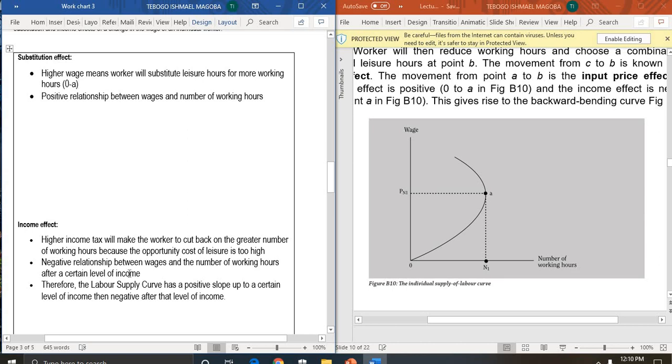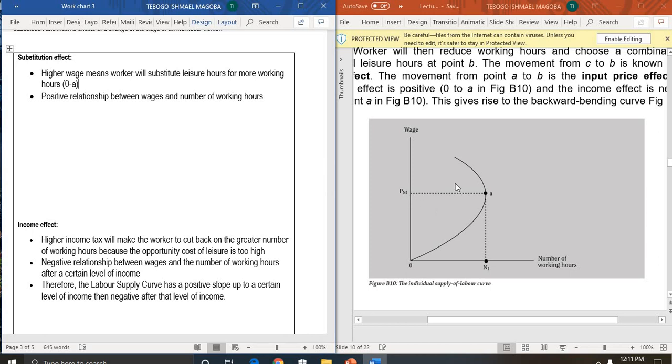Alright, that is the economic reasoning of the backward bending curve: a higher wage, but wanting to have more leisure and less, or just say a lower number of working hours, which is more leisure. And then we say there's a negative relationship between wages and the number of working hours after a certain level of income.